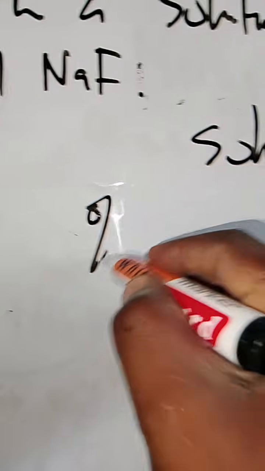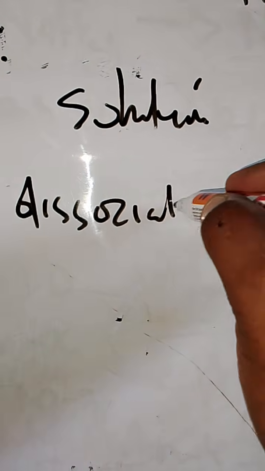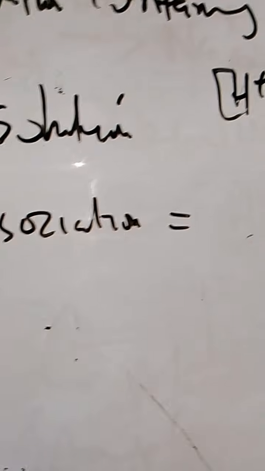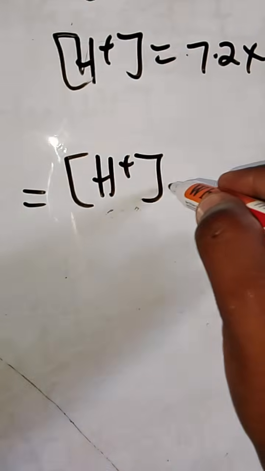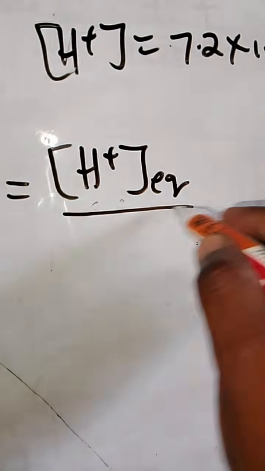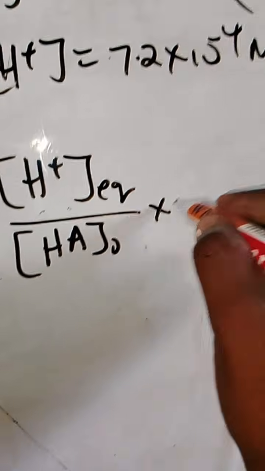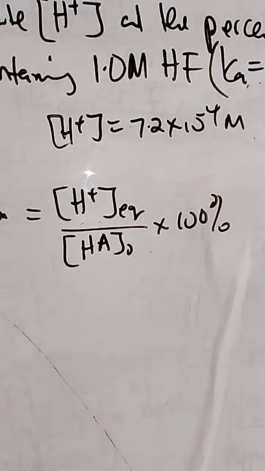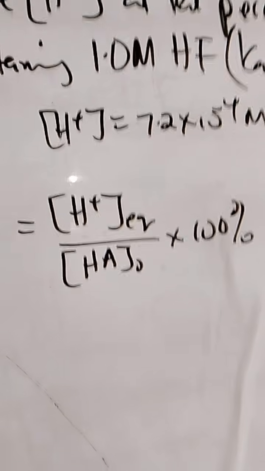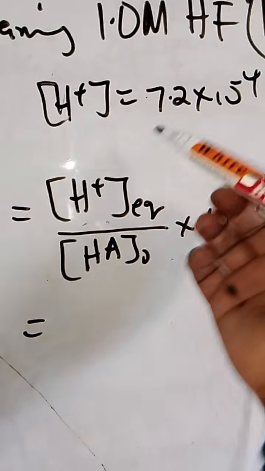Percent dissociation is given by the hydrogen ion equilibrium concentration over the initial concentration of the acid, times 100%. Now we simply substitute, which is straightforward.